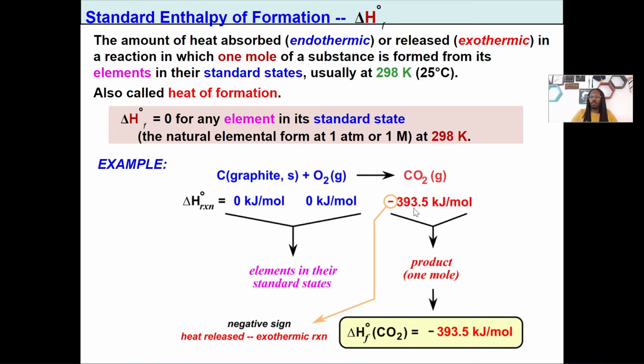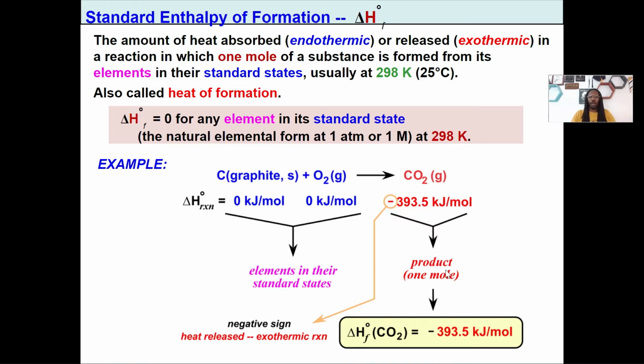So all these values we already know. Shout out to all the old chemists that did it for us. In this case, carbon dioxide is going to be negative 393.5 kilojoules per mole. So once again, this means that for every 1 mole, that amount of energy is being given off.